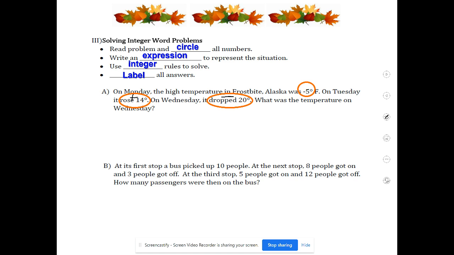So that means when I'm adding these three together, it's going to look like this. I start with negative 5, I add 14 because it's going up 14, but then I add a negative 20 because it's going back down by 20 degrees, and down means negative. So just like we did in the first piece of this lesson, we are going to combine our negatives.